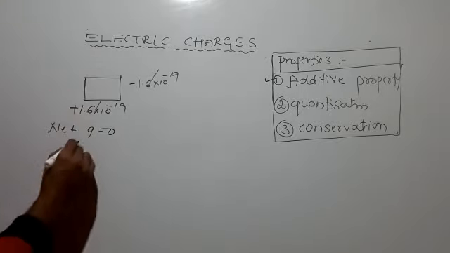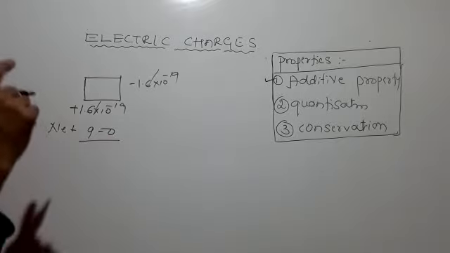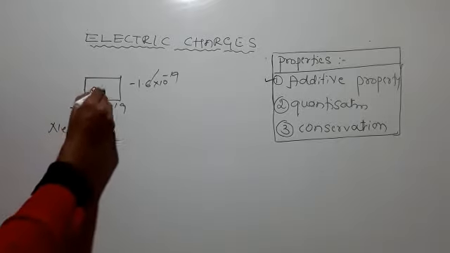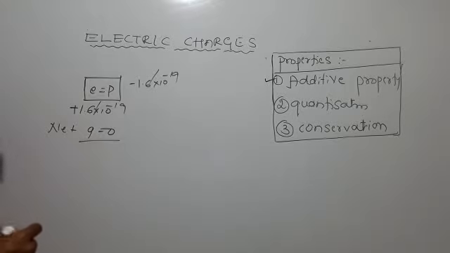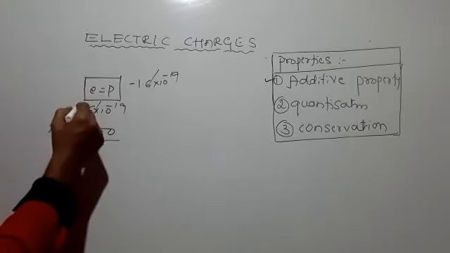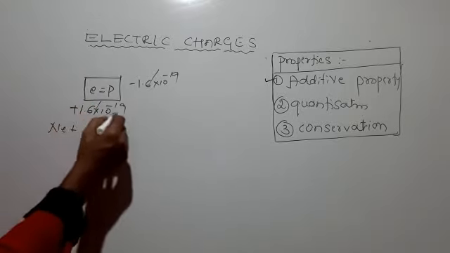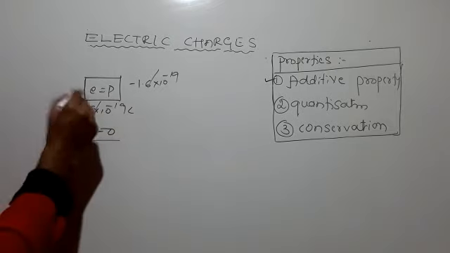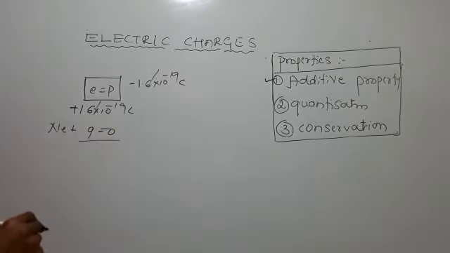So the net charge on any conductor is equal to 0 because the number of electrons is equal to the number of protons, and each proton carries a charge of 1.6 into 10 to minus 19 coulomb, while each electron carries a charge of minus 1.6 into 10 to minus 19 coulomb. They cancel each other.